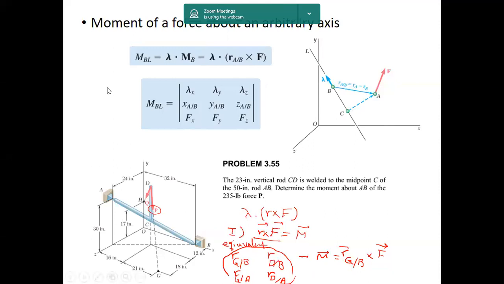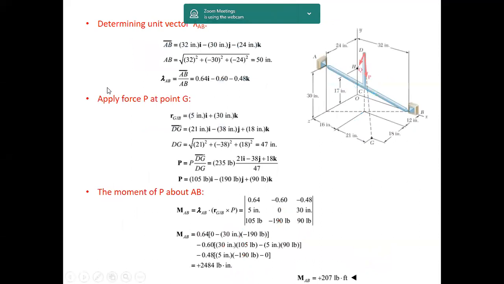So first we need to derive lambda AB, which is the unit vector along this axis AB. We calculate AB. Yeah, no problem.